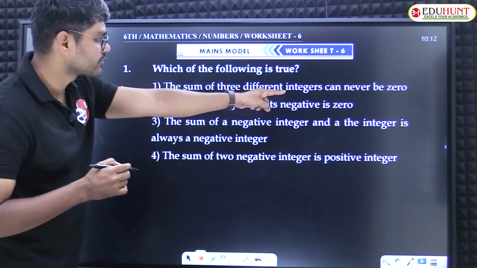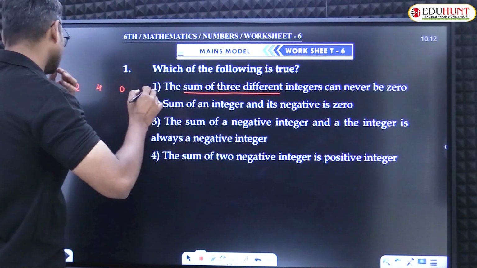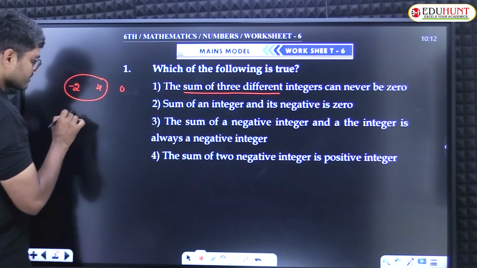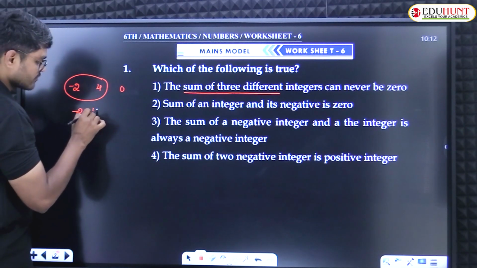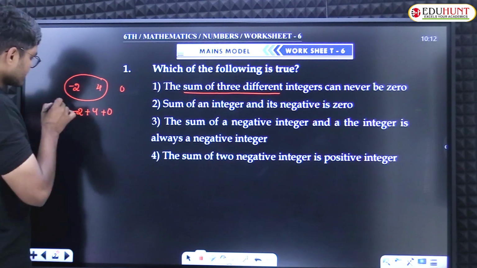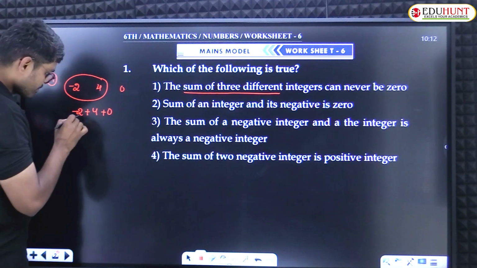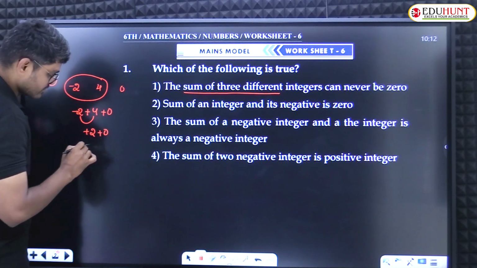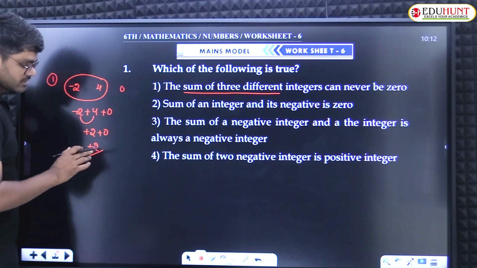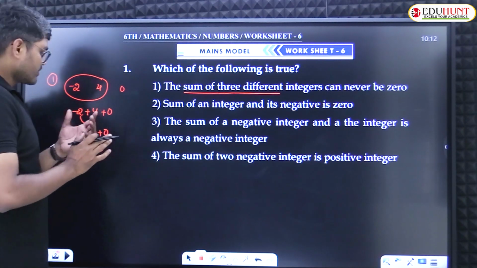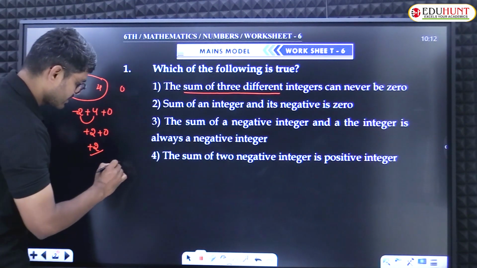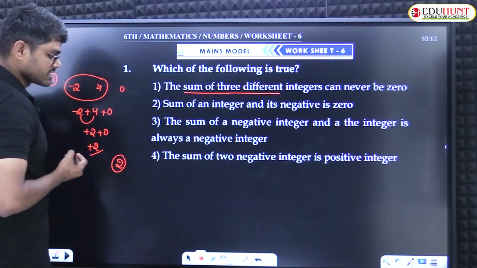This is the first case: -2 plus 4 is plus 2, plus 0, this is plus 2. This is a non-zero number.